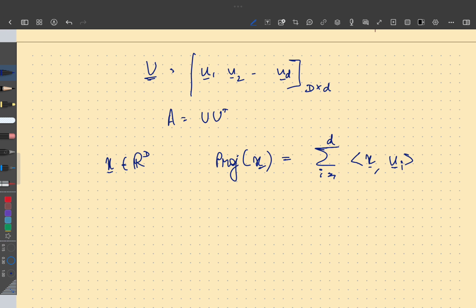This is the magnitude of the projection onto the ith vector times ui. Then I can write this as summation i equal to 1 to d, ui times the inner product between x and ui, which I can write as x transpose ui or ui transpose x. They're both the same.